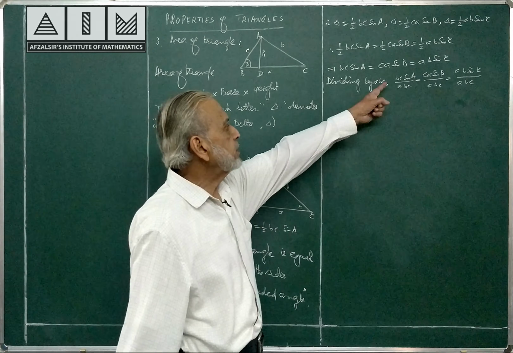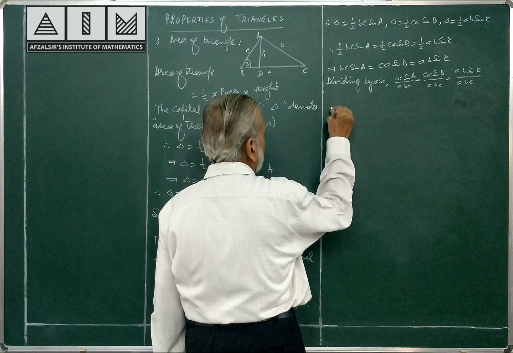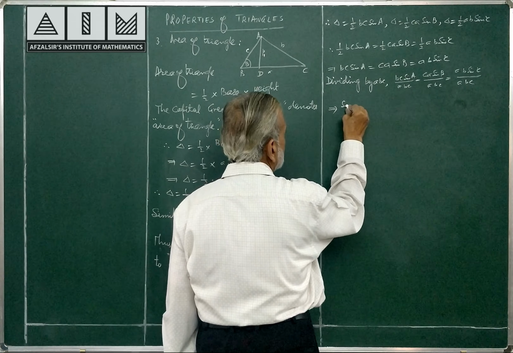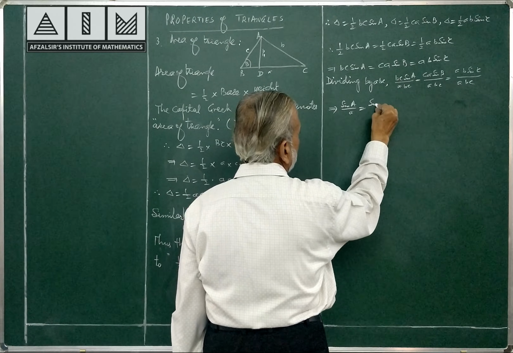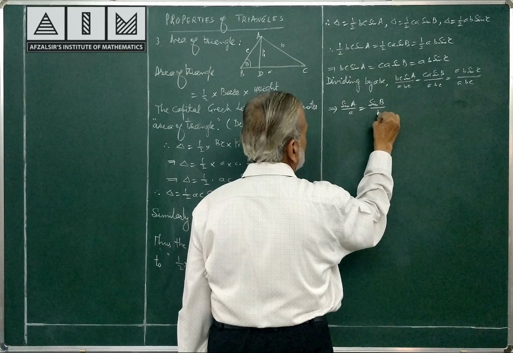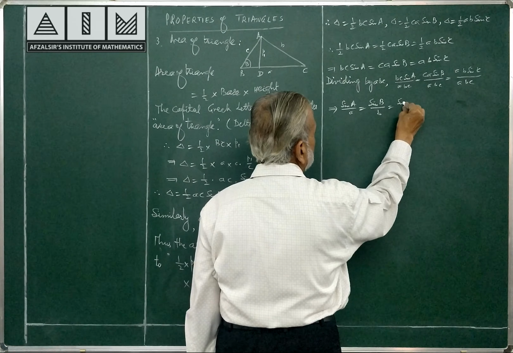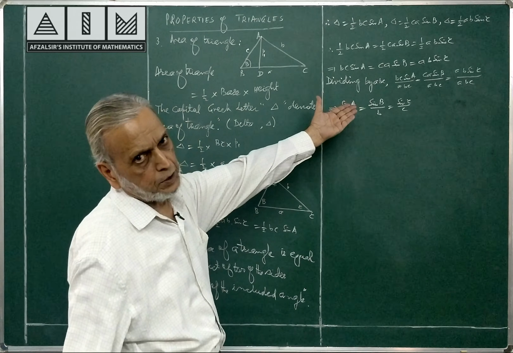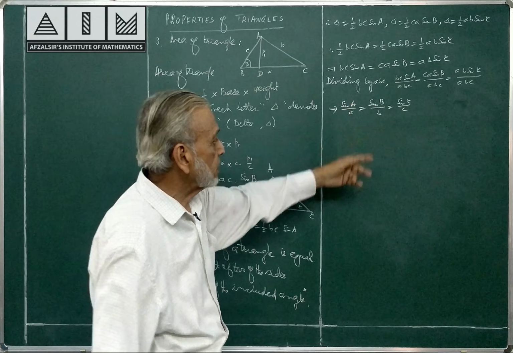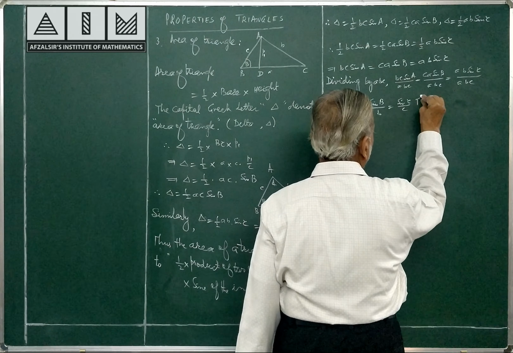From here, BC gets cancelled, you get sin A by A is equal to sin B by B is equal to sin C by C. Sin A by A is equal to sin B by B is equal to sin C by C. This is known as sine formula or sine rule.